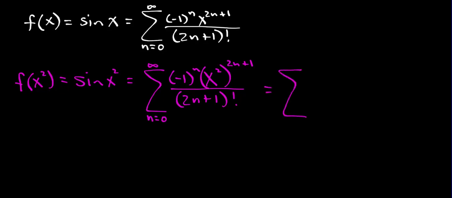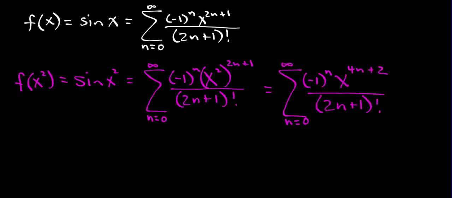We've got the summation for n from 0 to infinity, negative 1 to the n, and then this is going to be x to the 4n plus 2. Yeah, so then we've got 2n plus 1 factorial. And there's our expansion for sine x squared.